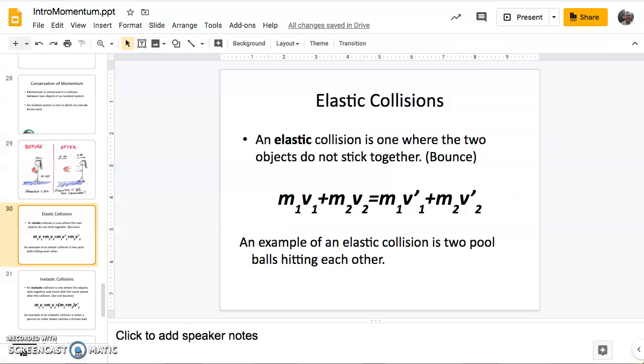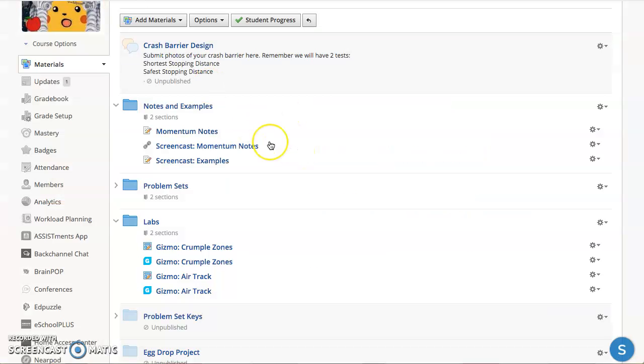So, wrapping this up, just because I'm getting a little short on time here, we should have seen a couple main things. Early on, momentum is equal to my mass times velocity. Impulse is my force multiplied by my time.